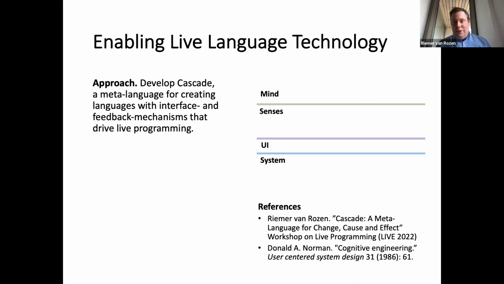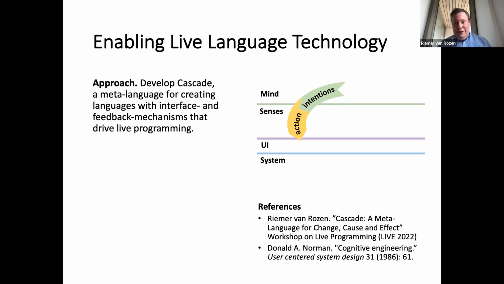To explain a little bit about how this works, I take Norman's work on cognitive engineering to explain the idea that live programming supports the understanding of the effects of programming actions with feedback that brings code to life. That's as close to a definition of live programming as I'm going to get. So programming starts with intentions. Good intentions, bad intentions, I don't know, it's in the mind. That's translated into actions.